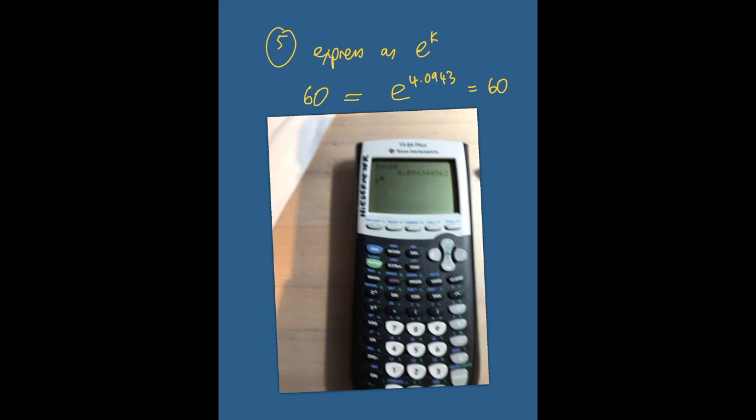Should be easy enough for you to now figure out how to do the rest of question 5 exactly the same way.